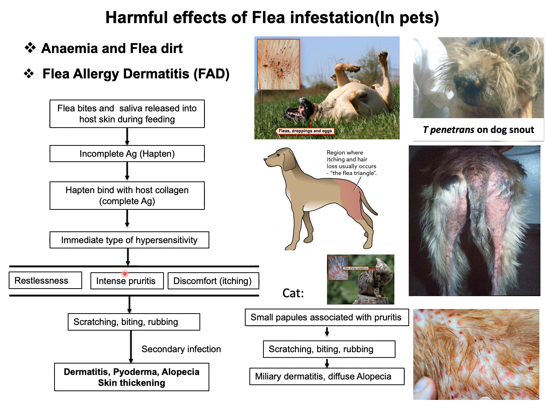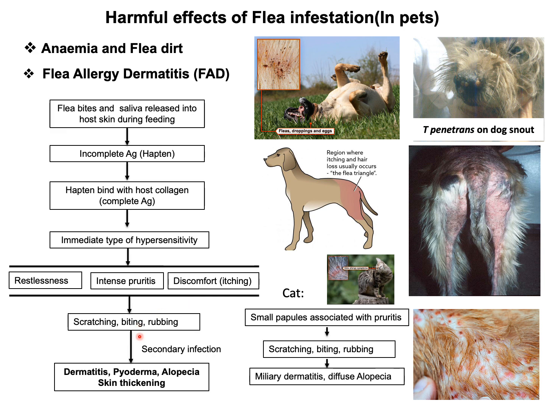As a result, there will be intense pruritus and the animal will become very restless. Due to the continuous discomfort from the itching, the animal will try to get rid of this sort of discomfort or restlessness. So what they will do, they will go for scratching or grooming or biting or rubbing with fixed objects.